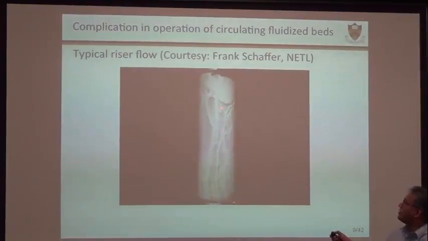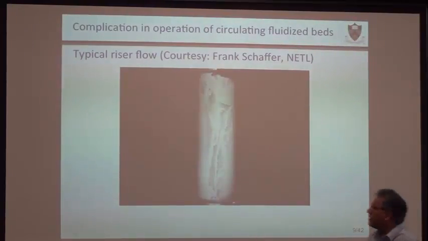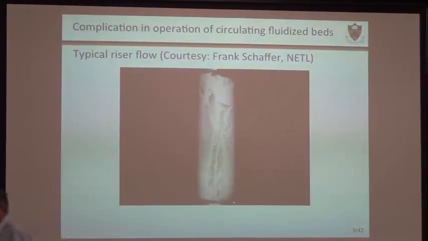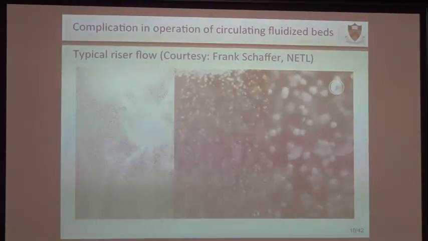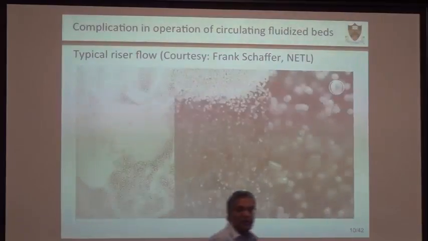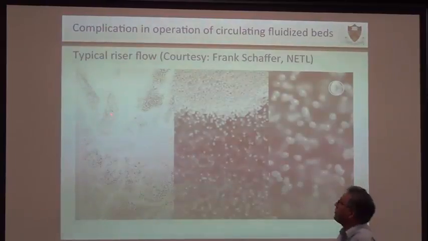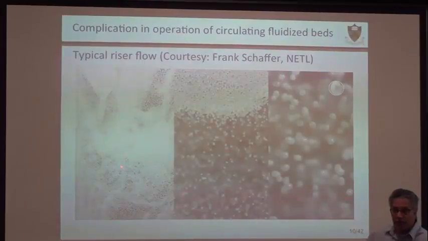If you see the flow patterns, they are very inhomogeneous. You can see structures that are propagating. Taking a high-speed video of the same thing, you can see clusters and streamers going near the wall region.